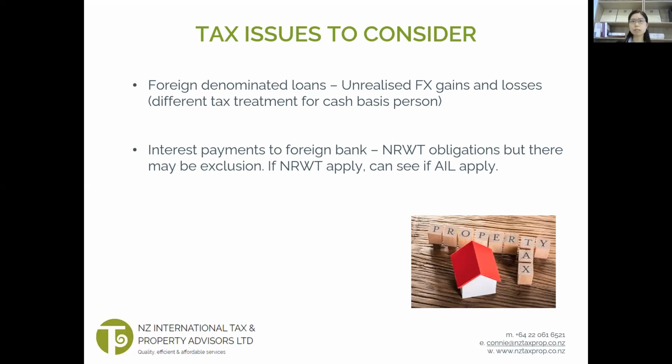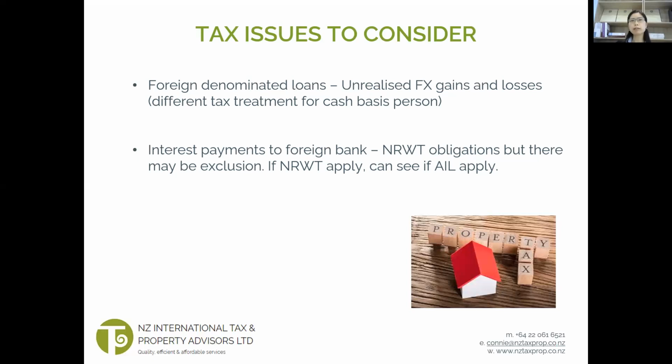Whereas if the taxpayer is not a cash basis person, then any unrealized foreign exchange gains and losses do need to be brought to tax. So it is on a case-by-case basis, and you need to have a look at your situation and see whether that applies or not. Also, a base price adjustment calculation is required when the loan is repaid or disposed of.